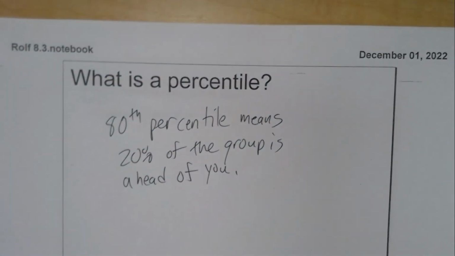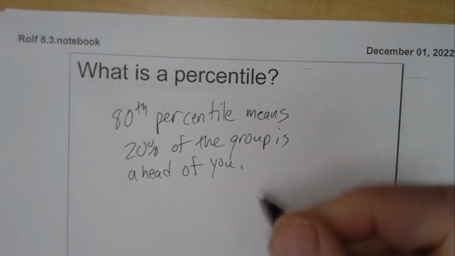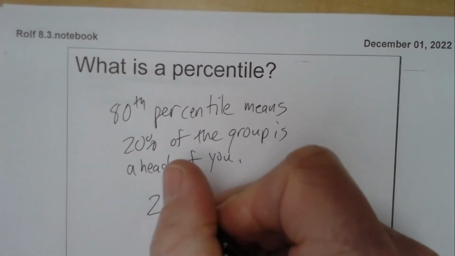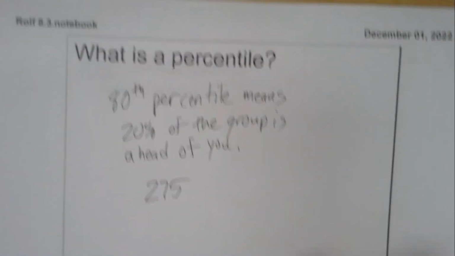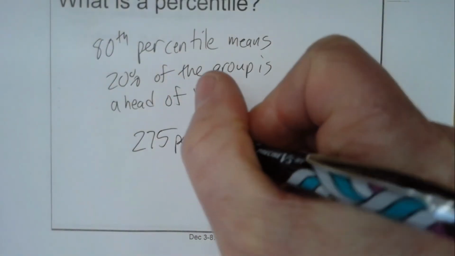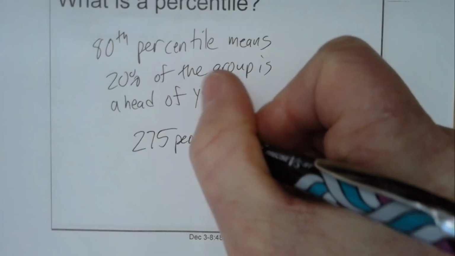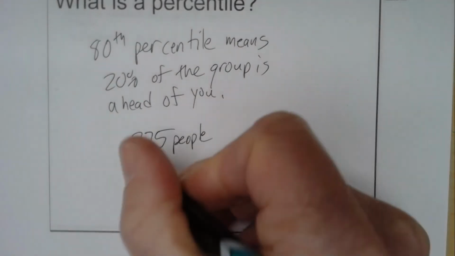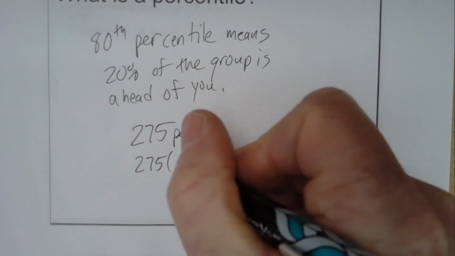All right. So let's say you've taken a test and there's 275 people that have taken the test. So there's 20% ahead of you. So I'm going to do 275 times 0.2.